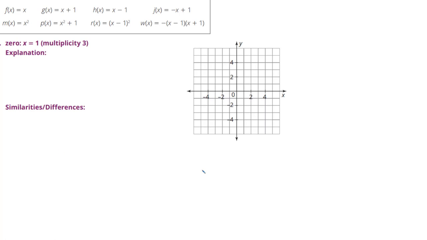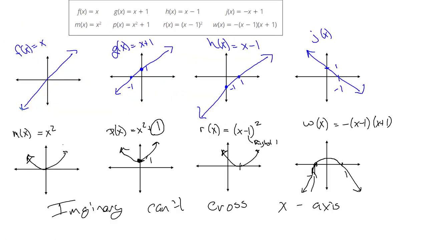On this next one, we have a 0 at x equals 1. And we want it to be a multiplicity of 3. So which of these graphs has a 0 at x equals 1? H of X does.